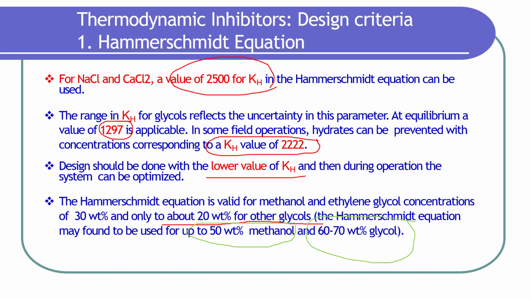In general, from a theoretical point of view, the Hammerschmidt equation is valid if the concentration is up to 30% for methanol and 20% for glycols. But you can still find that people accept using the Hammerschmidt equation if the methanol concentration is around 50% and the glycols are between 60 and 70%.